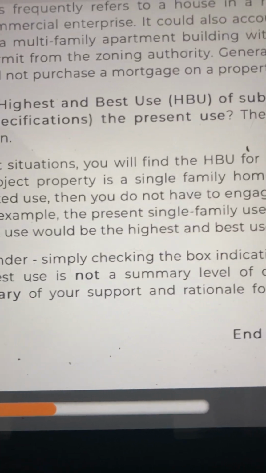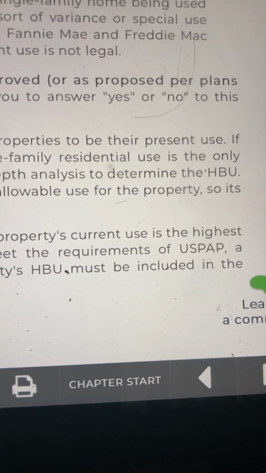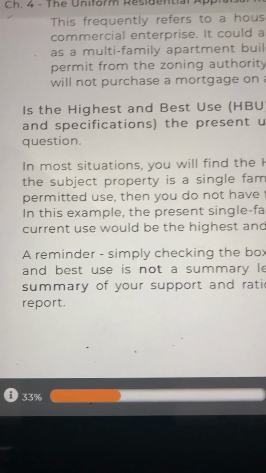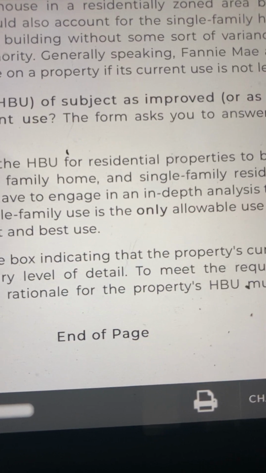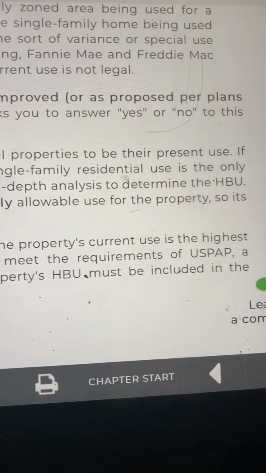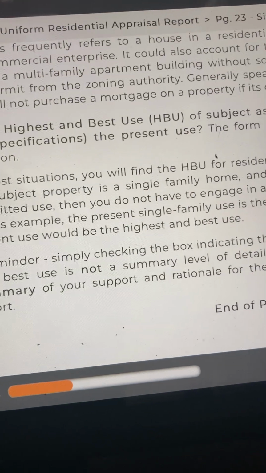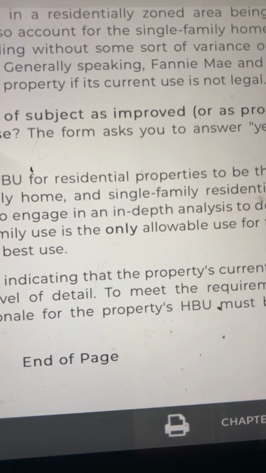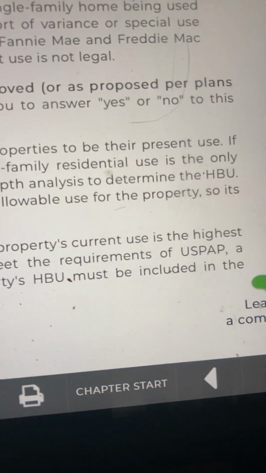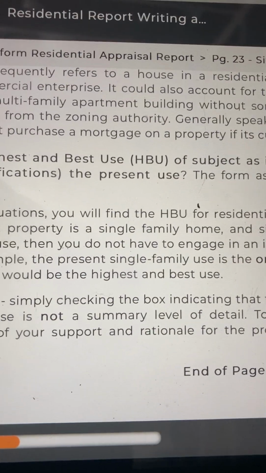If the subject property is a single-family home and single-family residential use is the only permitted use, then you do not have to engage in an in-depth analysis to determine the highest and best use. In this example, the present single-family use is the only, that's highlighted, allowable use for the property. So its current use would be the highest and best use.